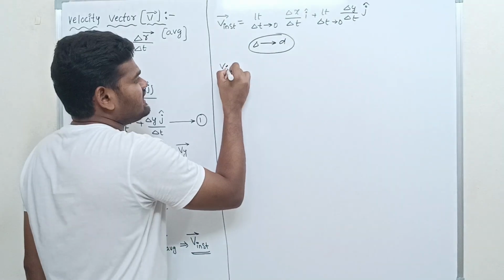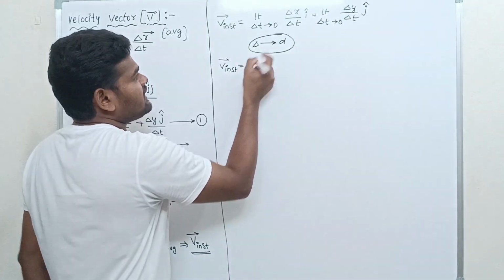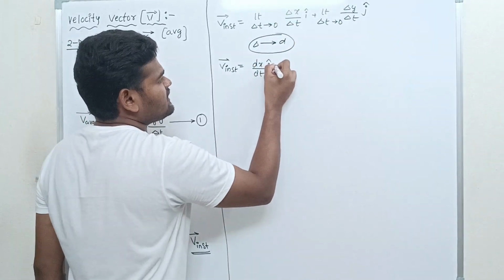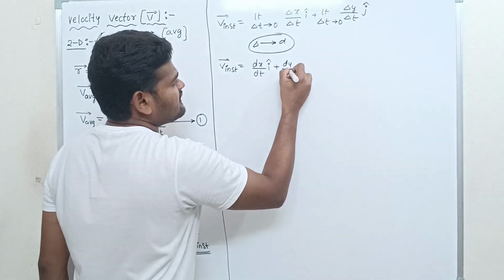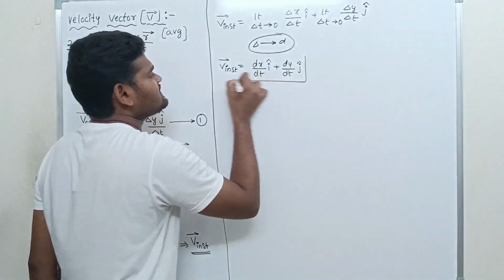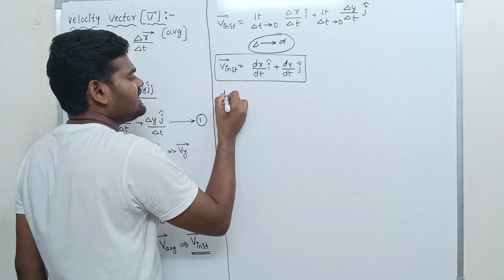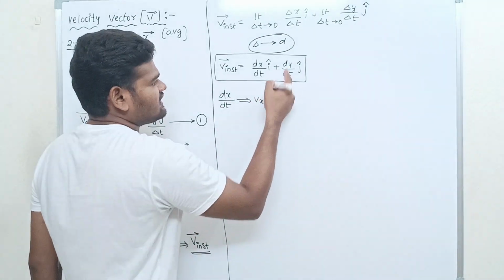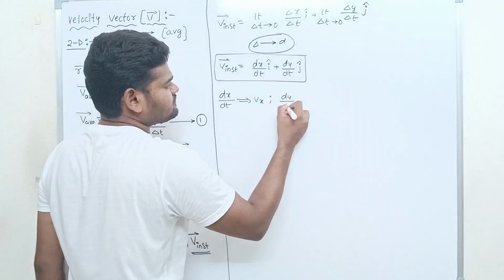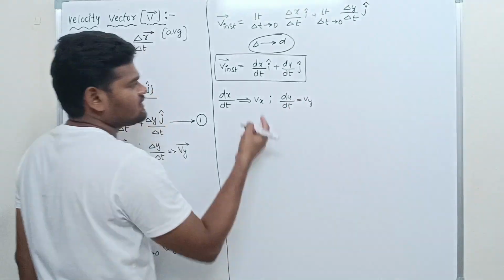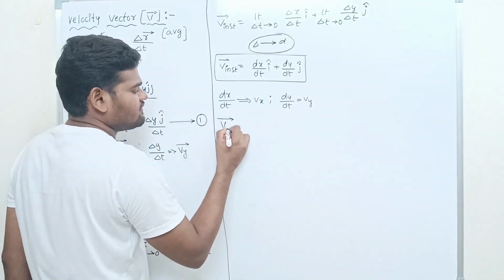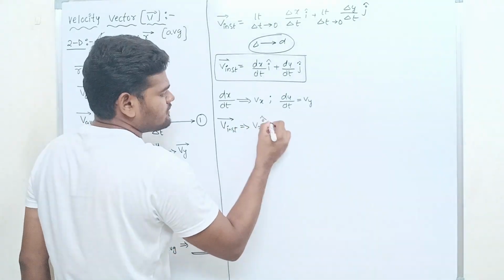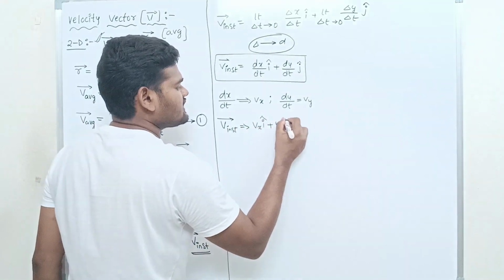So V instantaneous is equal to dx by dt i cap plus dy by dt j cap. dx by dt is nothing but Vx, and dy by dt is nothing but Vy. Just substitute here. So instantaneous velocity is equal to Vx i cap plus Vy j cap.